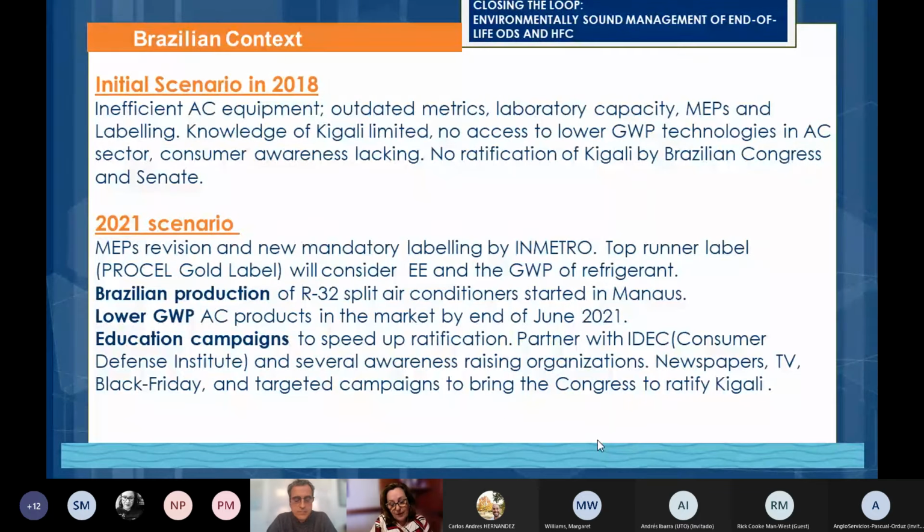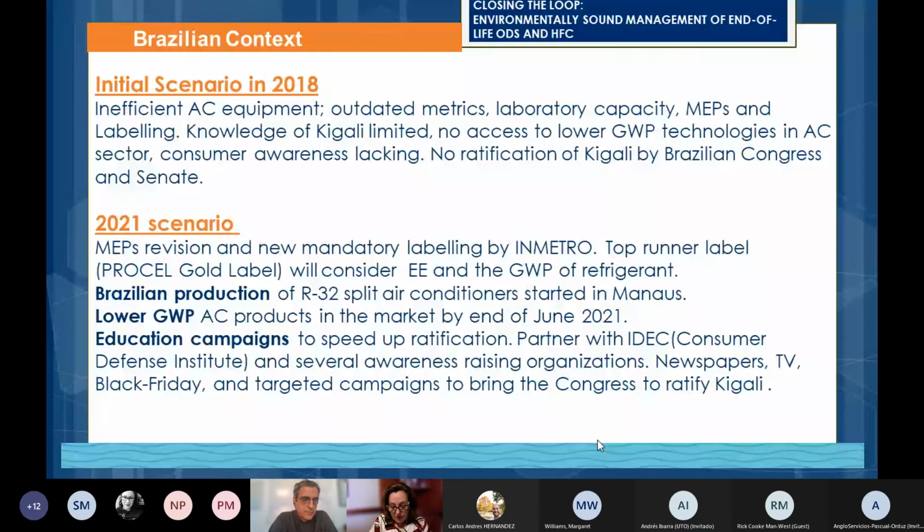But a lot of progress has been made with the help of the KCEP project. We have done revisions on the outdated standards of energy efficiency labels. And now we can send a signal to the manufacturers to invest in energy efficiency. Starting this month, there is production of higher energy efficiency air conditioning products with lower GWP fluid in Brazil.